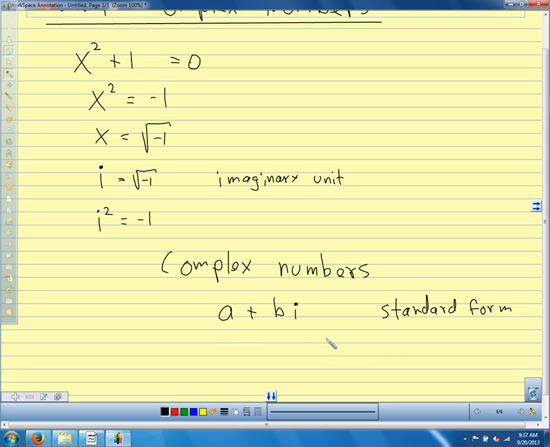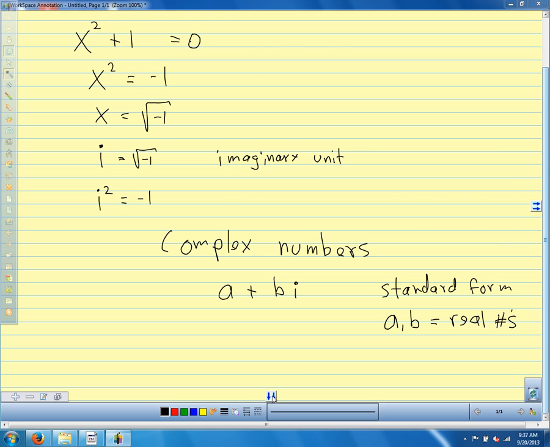And when we write them in standard form, a and b are both real numbers. So that's our standard form for a complex number.